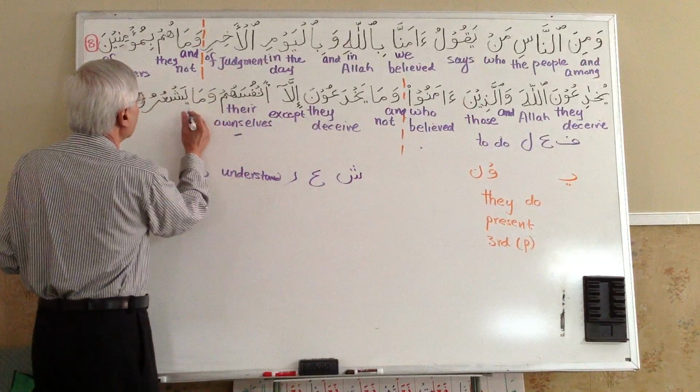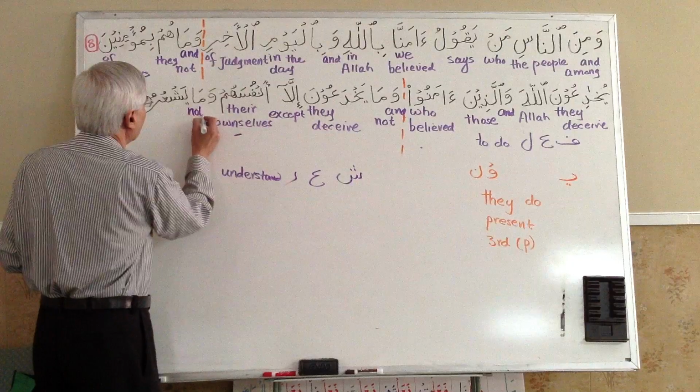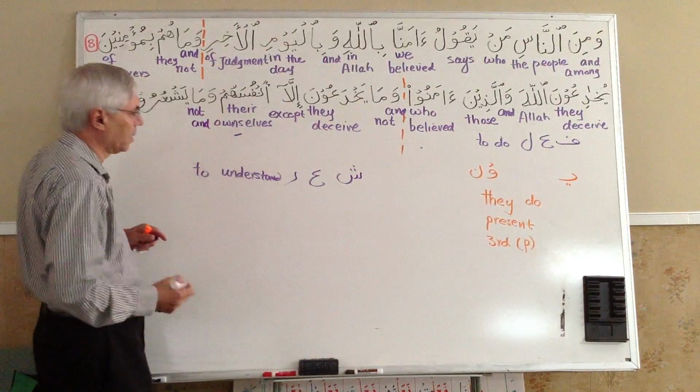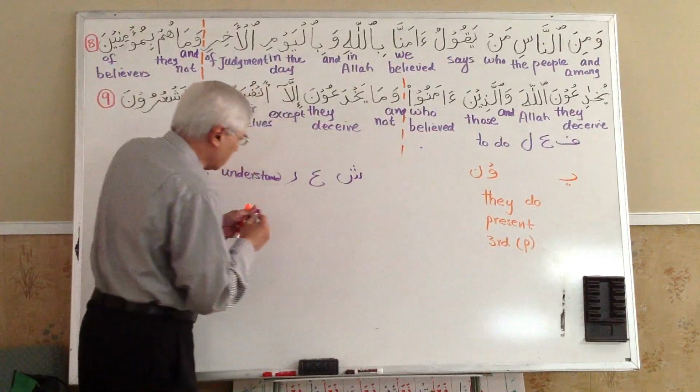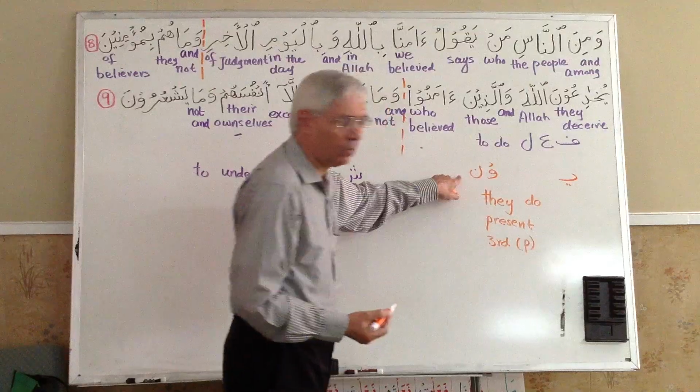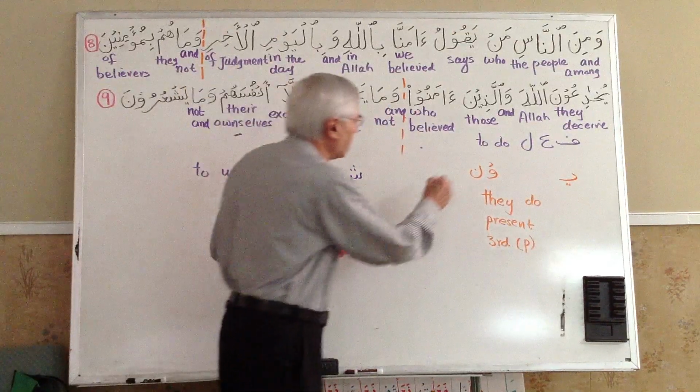Ma means not. And wa means and not. And again, the grammar is very simple. You put a ya in the beginning and guna at the end. Okay?